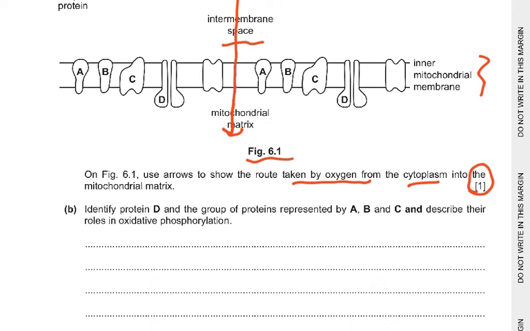So identify protein D. What was protein D? Let's look at protein D. That's ATP synthase. So ATP synthase would get you a mark. A, B, and C are the electron transport chain, or you can say the electron carriers. And then, of course, electrons travel along the ETC, energy released to pump actively hydrogen ions or protons into the intermembrane space.